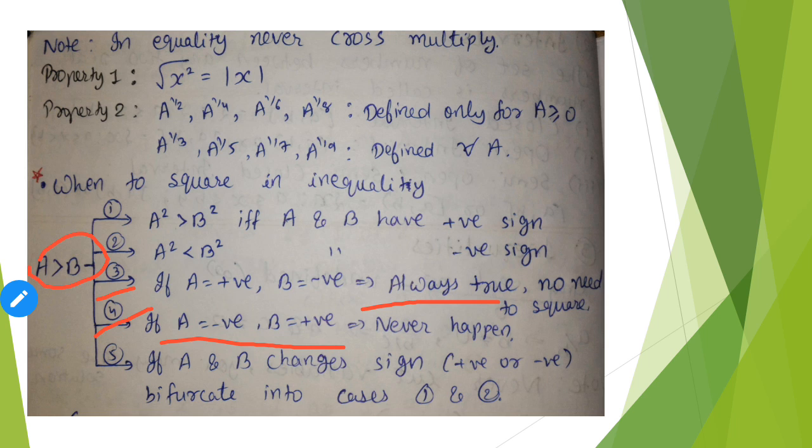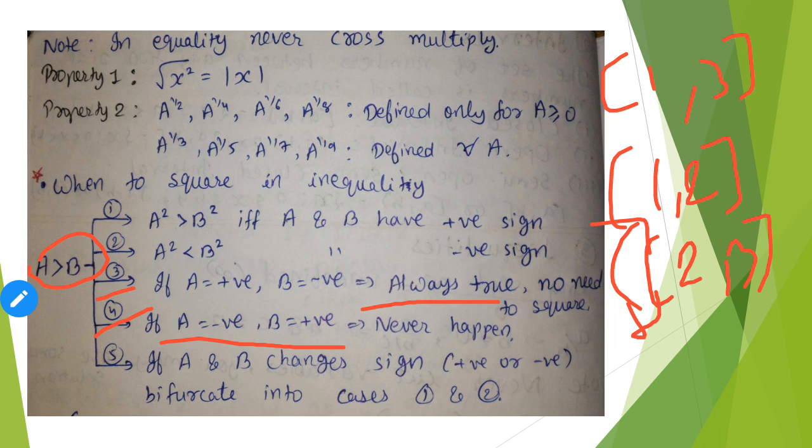Now the fifth case is when a and b change sign. If they change sign, for example from positive to negative, then we have to bifurcate into case 1 and case 2. For example, if the interval is 1 to 3, and from 1 to 2 they are positive and from 2 to 3 they are negative, we have to bifurcate into cases. From 1 to 2 we apply case 1, and from 2 to 3 we apply case 2. In this way we have to solve.